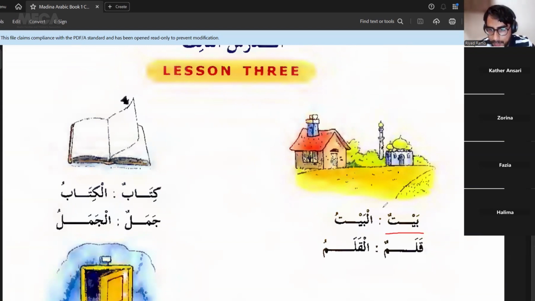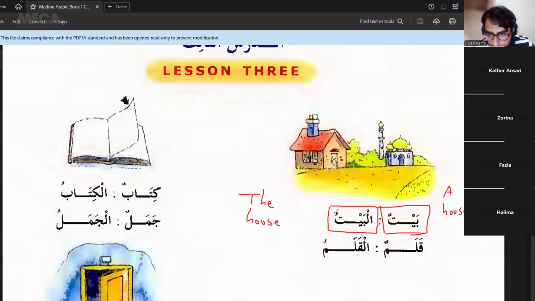Baytun. What is Baytun? A house. Baytun, a house. Al Baytu, the house. Remember, one Dhamma.